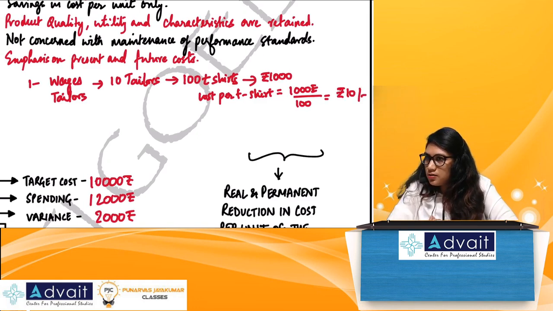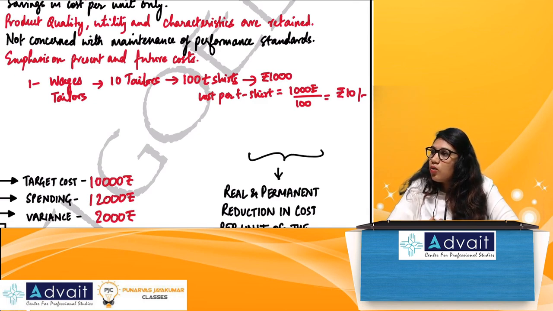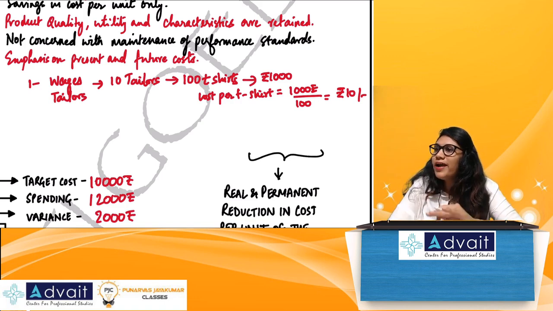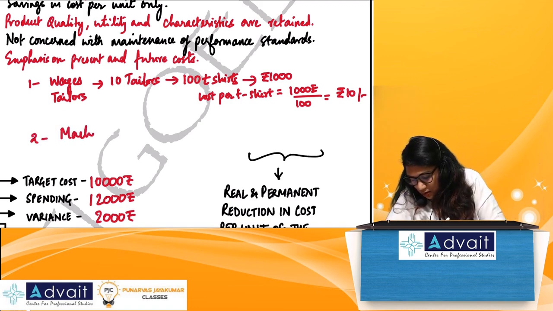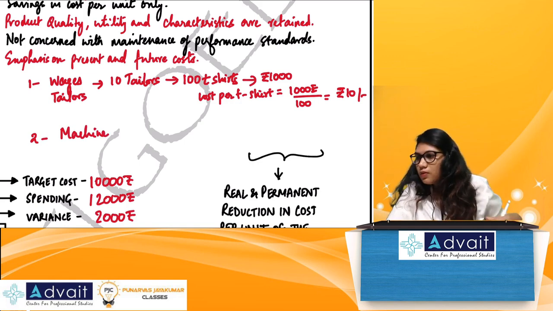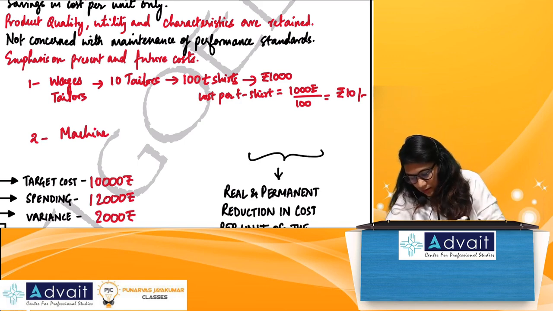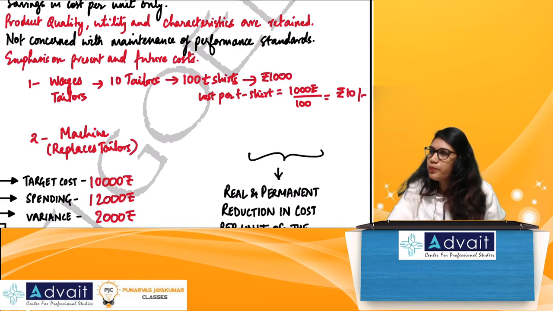So I get 10 rupees. Correct? Now I am going to replace my tailors by one machine. So these 10 tailors are going to get replaced by one single machine. So my next process is machine, which replaces tailors.